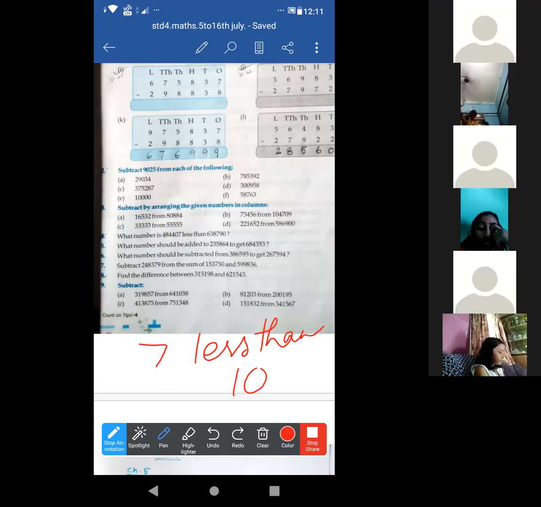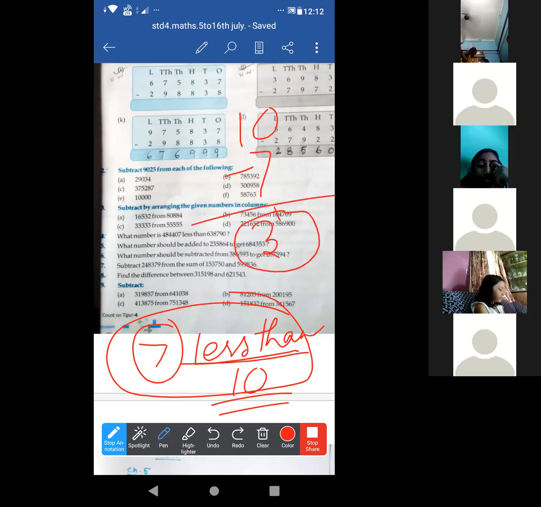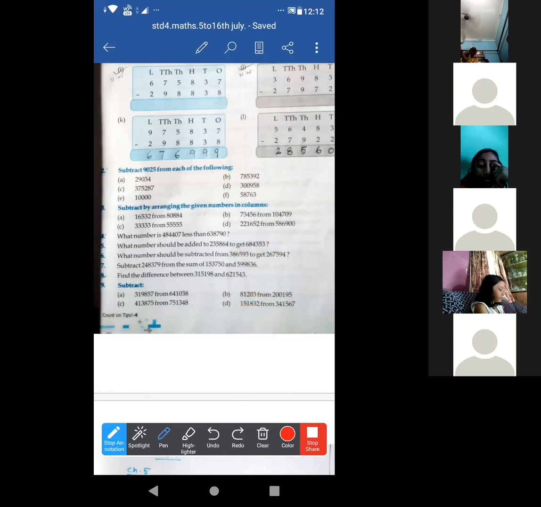That means you have to find that number which is 7 less than 10. 7 less than 10 means 10 minus 7. So what is that number? 3. Yes, so the same thing is here.